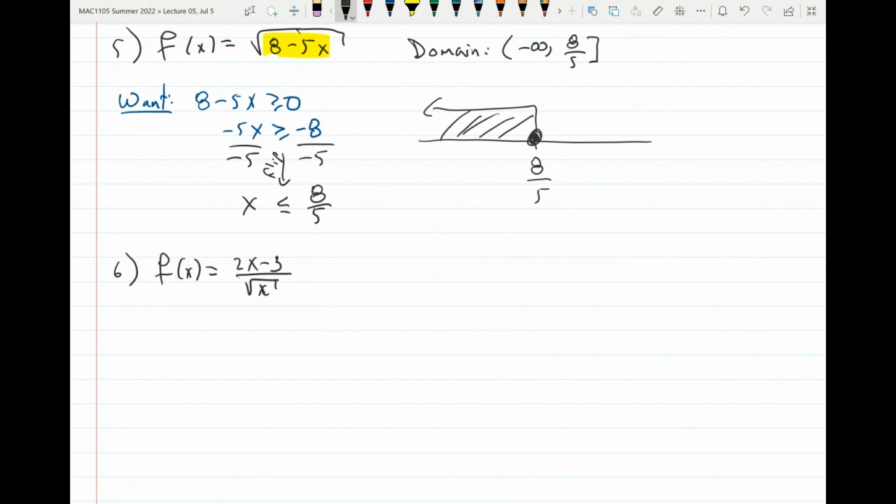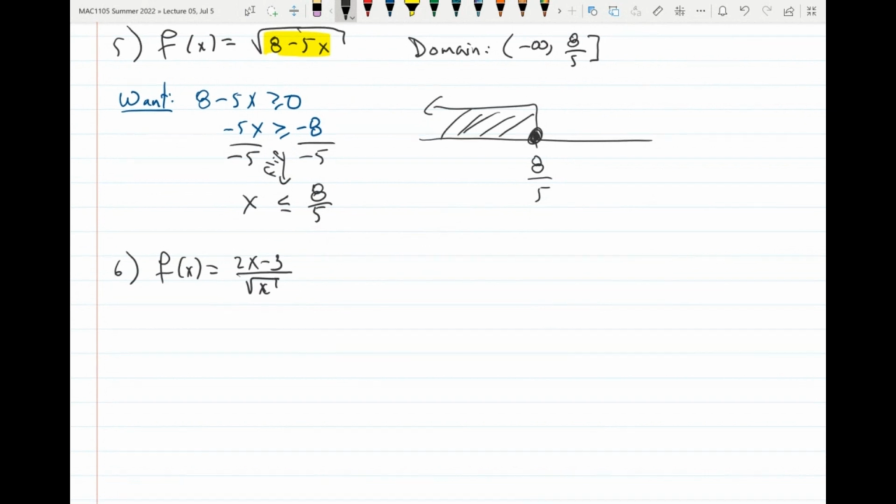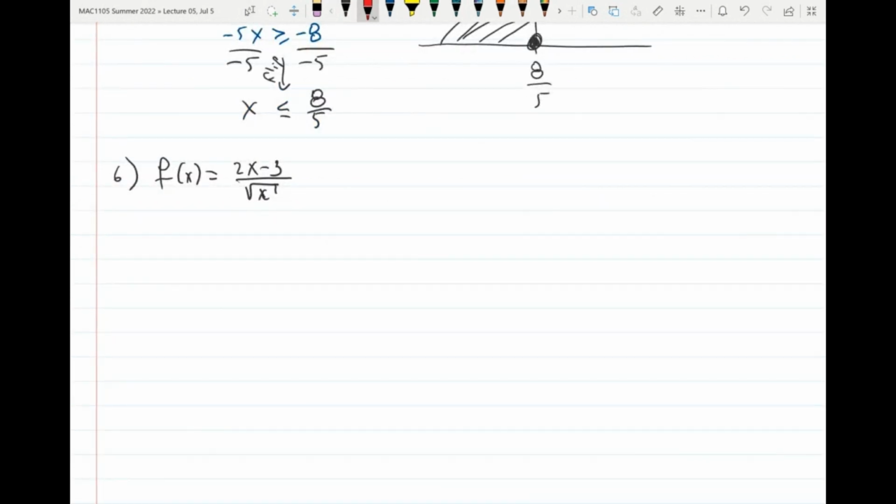When you look at this formula, we see two things that immediately raise red flags. We see a fraction, so we need to worry about the bottom not being zero, and then we see a square root, so we need to worry about the inside of the square root not being negative. Do you understand this?